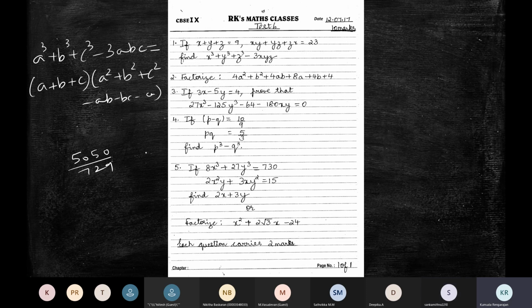What is the value of 2x plus 3y? 10. 10, right. And the factors for the last fifth one, the alternate question. x plus 4 root 3 and x minus 2 root 3. Very good. Excellent, Sangamitra. x plus 4 root 3 and x minus 2 root 3 are the factors of the given expression. Good. Class, take a screenshot.